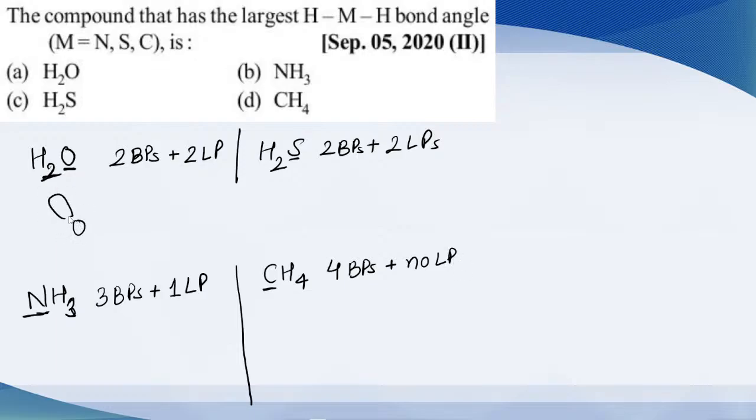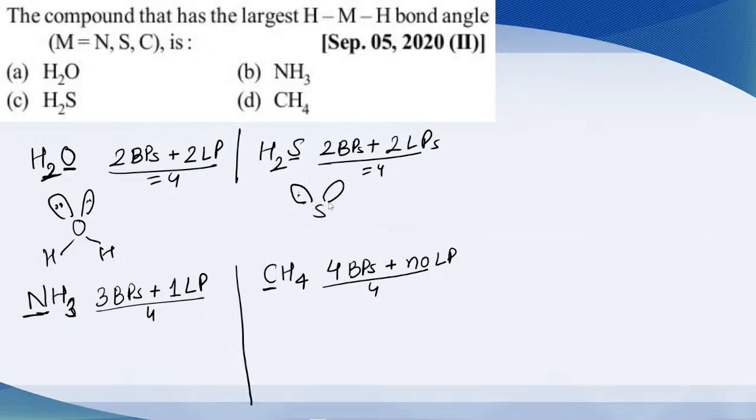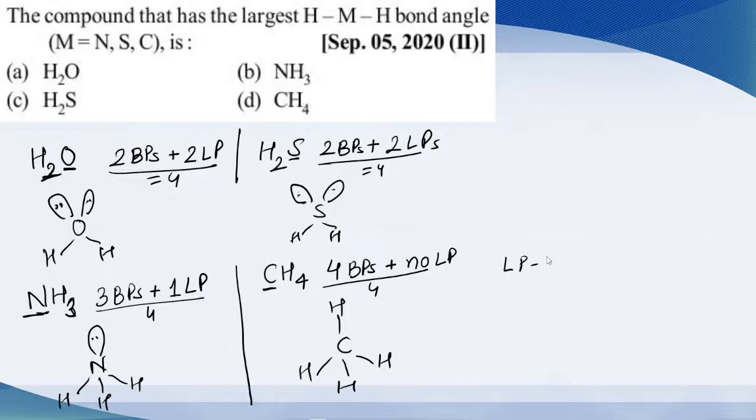So in H2O, see, total pairs are 4 only. In all the cases, total pairs are 4. So all have tetrahedral arrangement, but number of lone pairs are different. In H2O, H2S, number of lone pairs are equal. So according to valence shell electron pair repulsion theory, what is the relation?